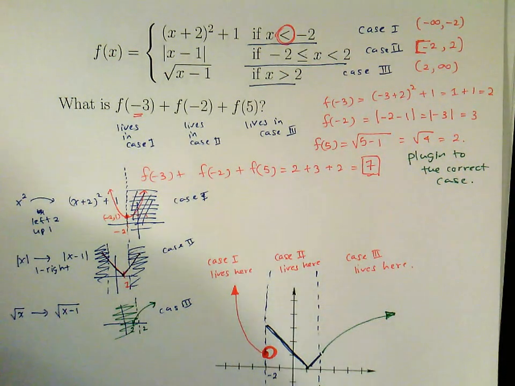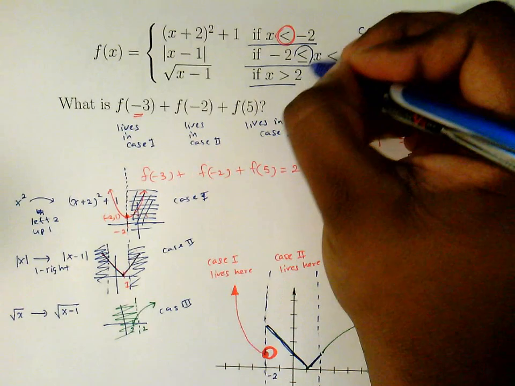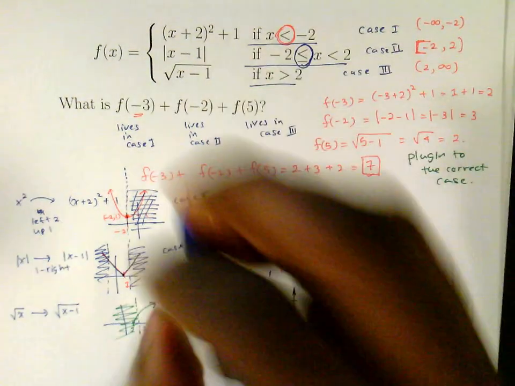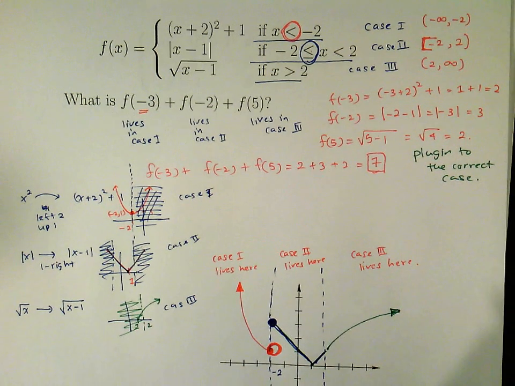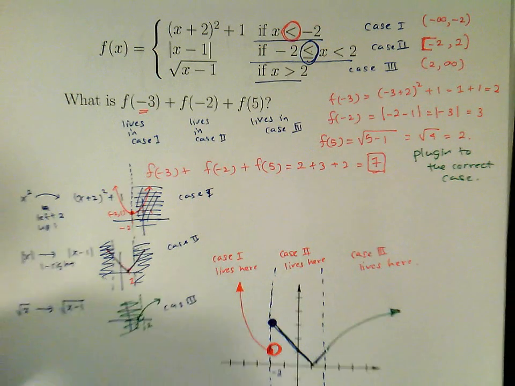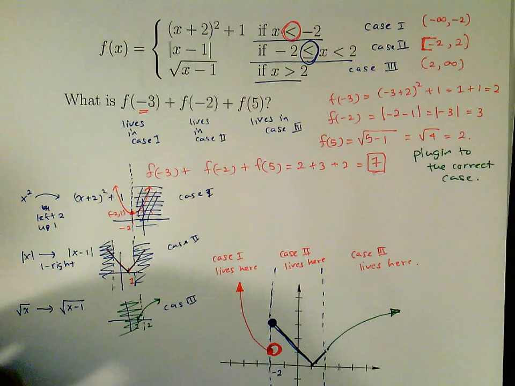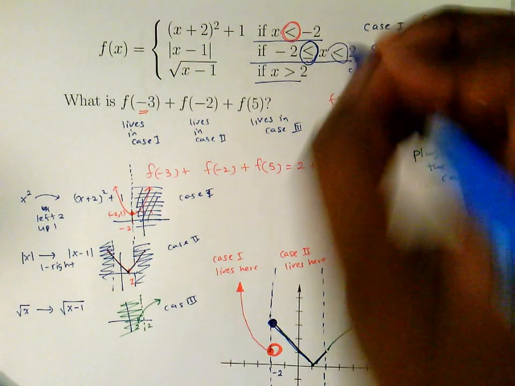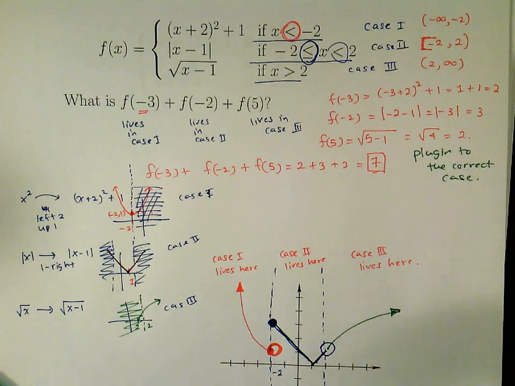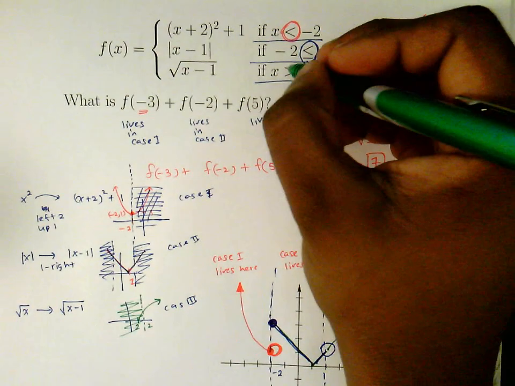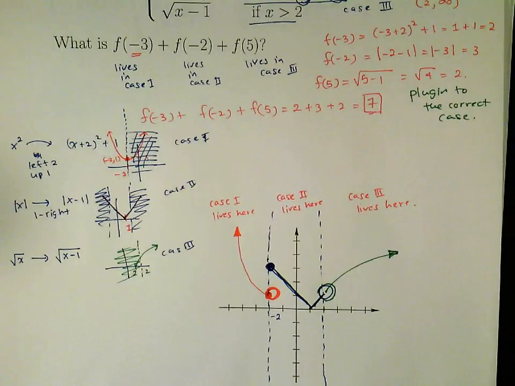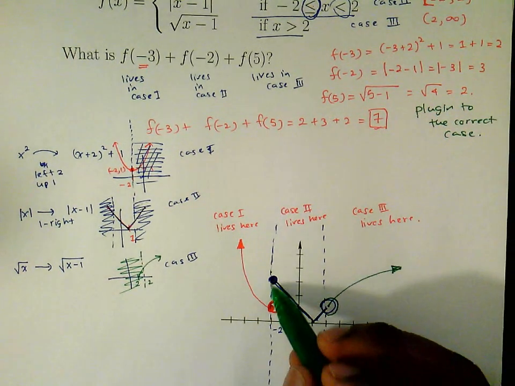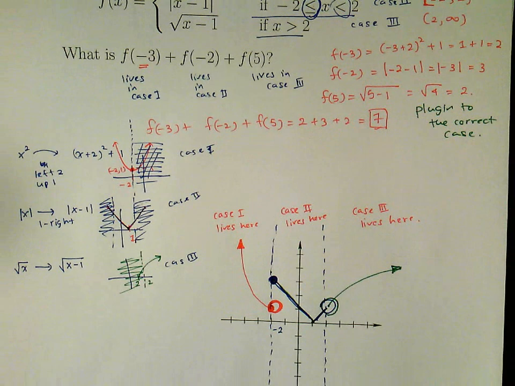Because you have less than or equal, that is case 2, this should be a solid dot. And lastly, this one right here, less than 2, so this end should be an open dot, and x is just greater than, so again an open dot. So this is the final piecewise function you get: solid dot, open dot, open dot, open dot.